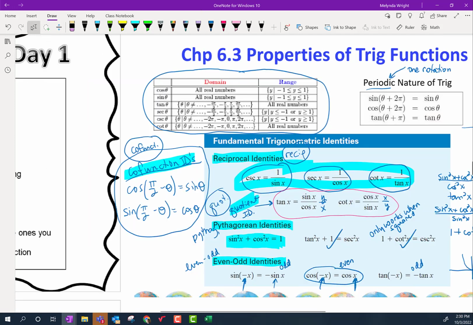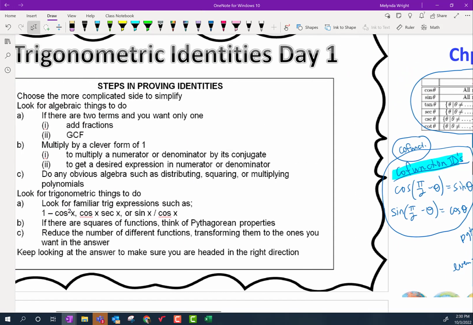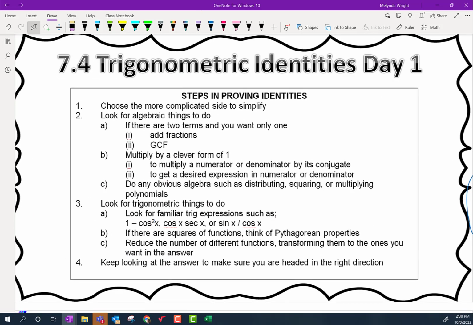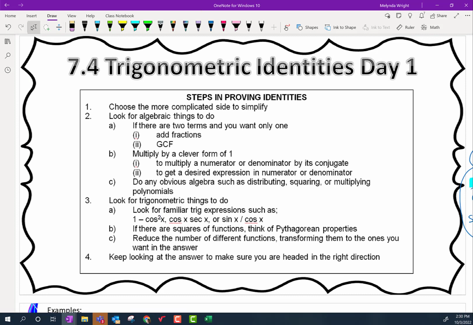All right, let's jump into what our project is for today. We're basically going to be utilizing trig identities. Let's go through some steps. If we want to prove a trig identity, let's take a look at some steps that we would use.